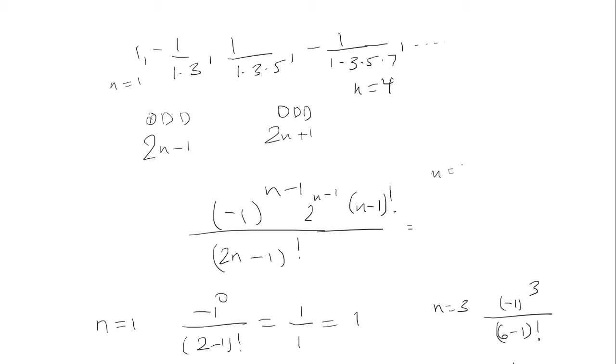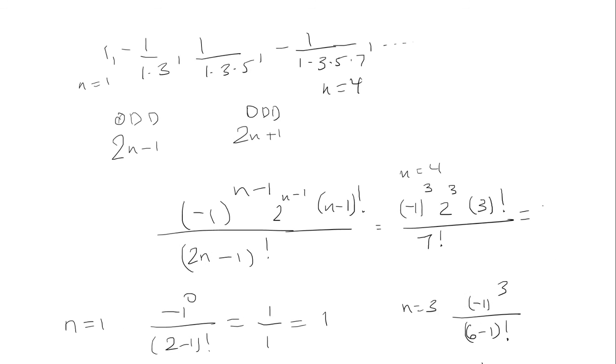For n equals 4, you have negative 1 to the 4 minus 1 power, 2 times 4 minus 1, and then 4 minus 1 factorial over 2n minus 1 factorial. So that would be 2 times 4 is 8, minus 1 is 7 factorial. So that's 7 factorial. Now we can simplify this further.